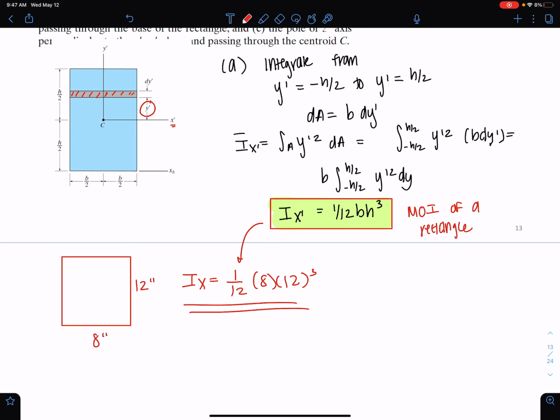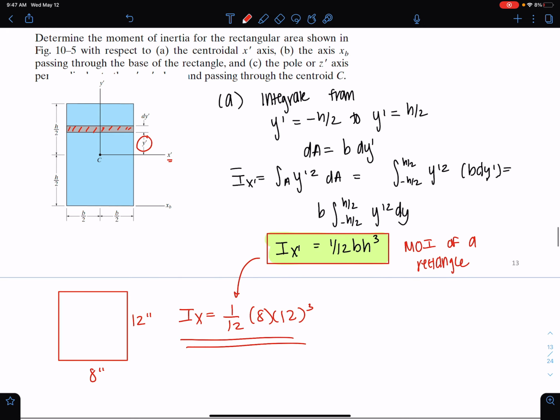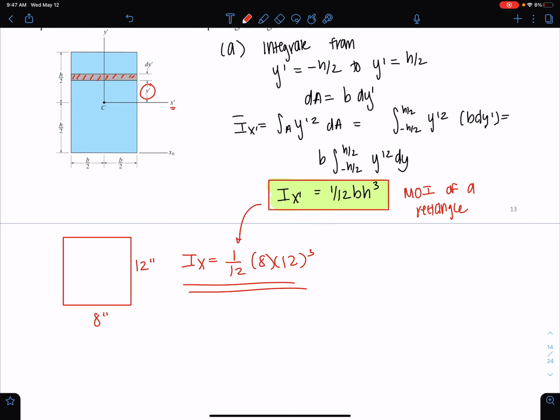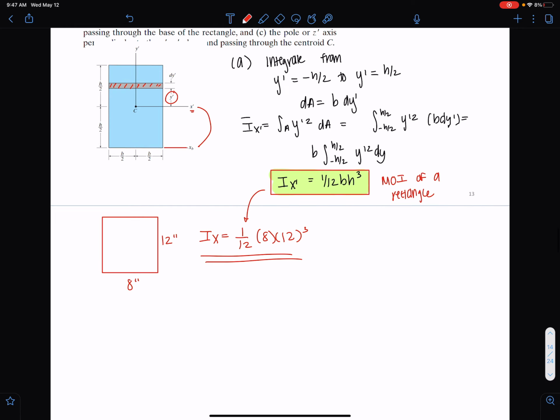All right, so the next question is the axis XB. So the axis XB is down here. It's not through the centroid, but it's parallel to X prime. So we can use the parallel axis theorem now. Right?